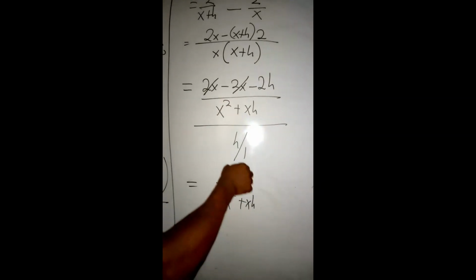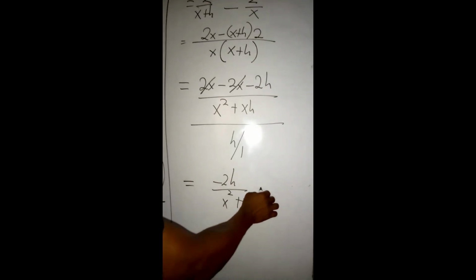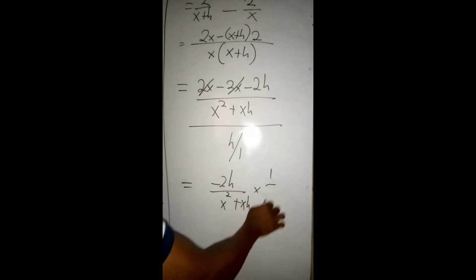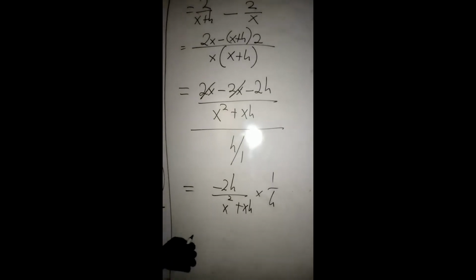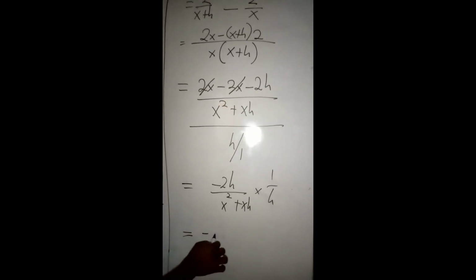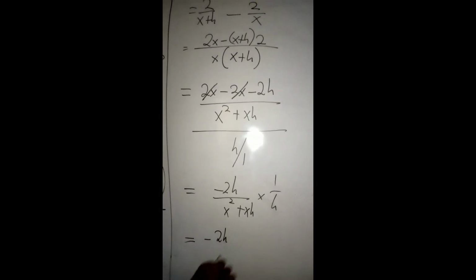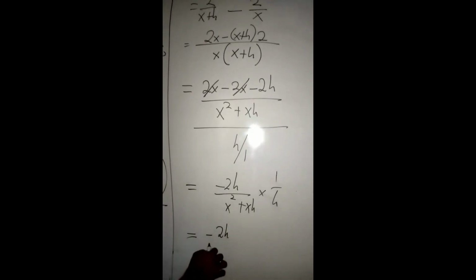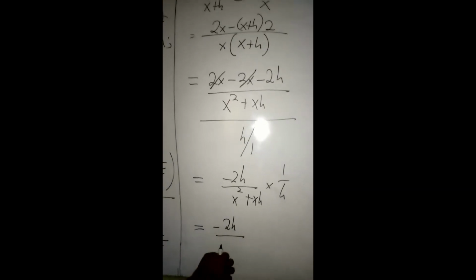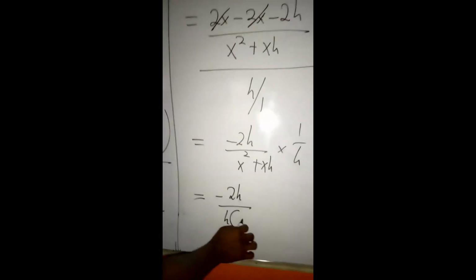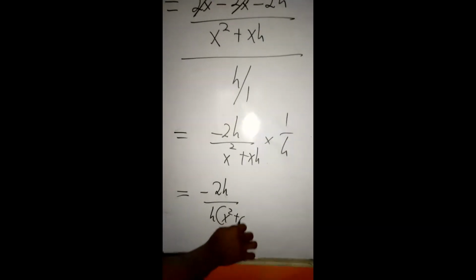Just invert our h over 1, so it becomes 1 all over h. So we will now have minus 2h all over h, because this h is multiplying this, so it becomes h into x squared plus xh.